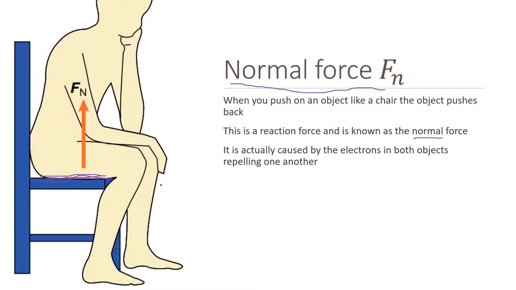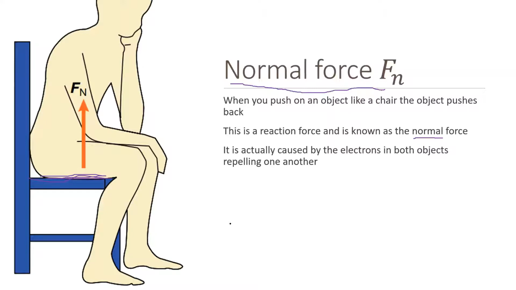It is actually caused by the electrons in both objects repelling one another. So the objects in the person's butt is being repelled by the electrons in the chair. And that's why you don't just pass through a chair. You can't just walk through walls because the electrons are pushing against you.